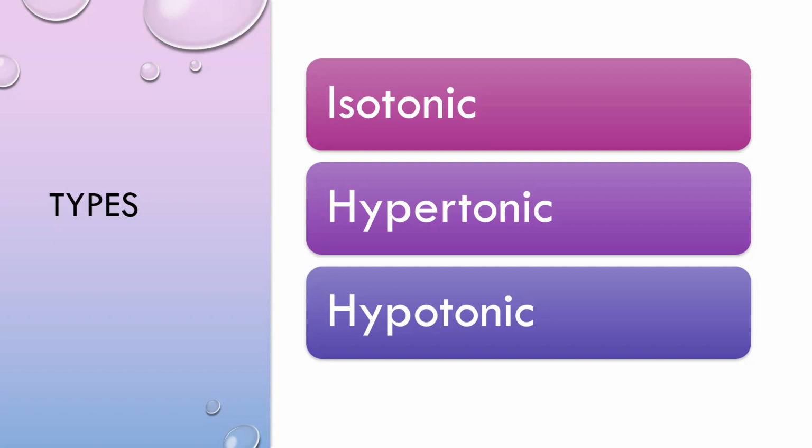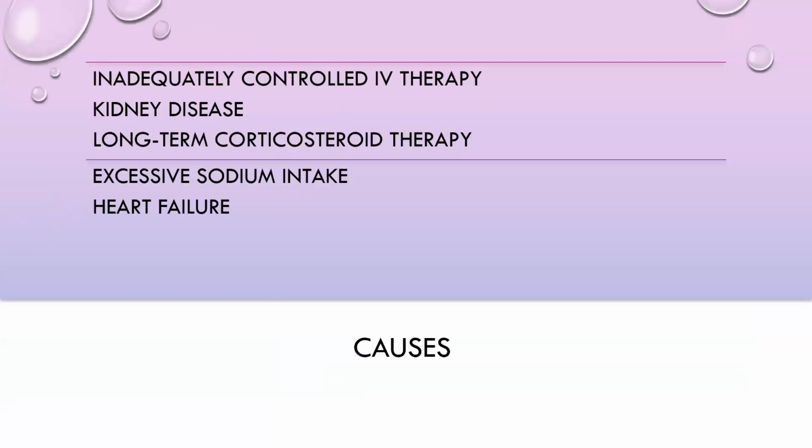All right, so let's move on to causes. Understanding the causes of fluid volume excess is crucial. Isotonic overhydration is caused by inadequately controlled IV therapy, kidney disease, and long-term corticosteroid therapy.